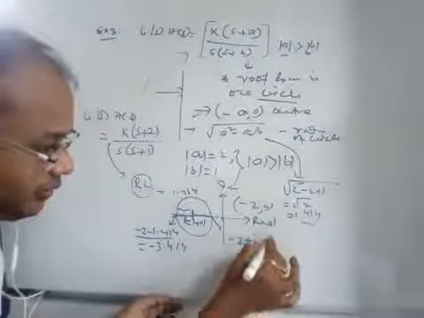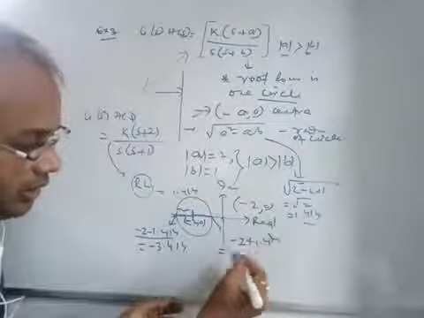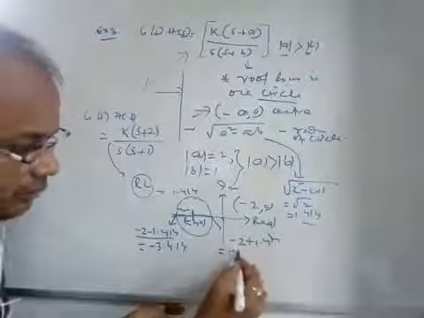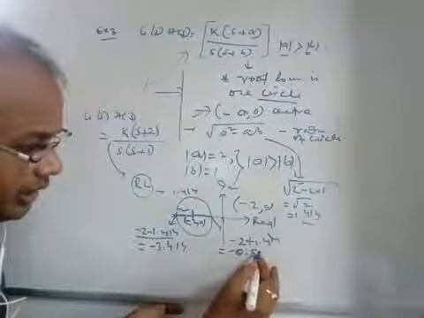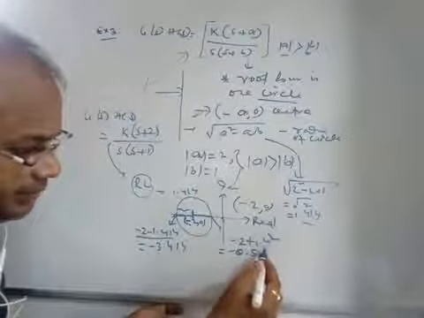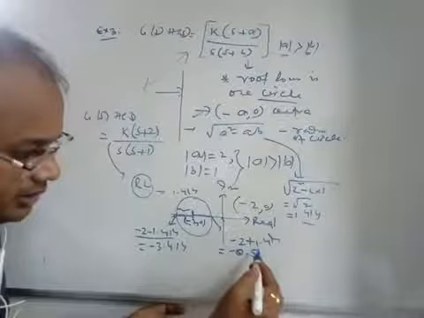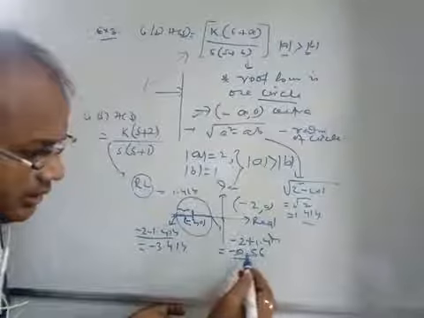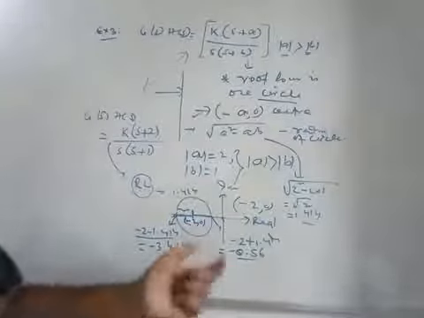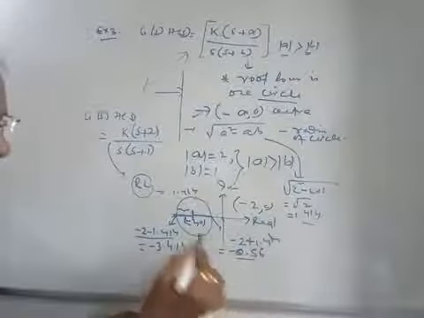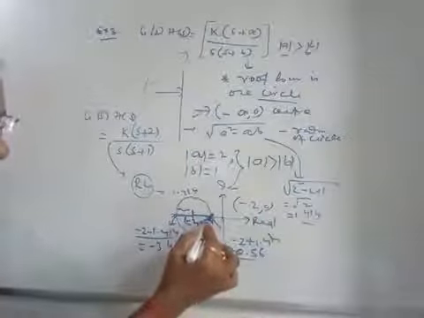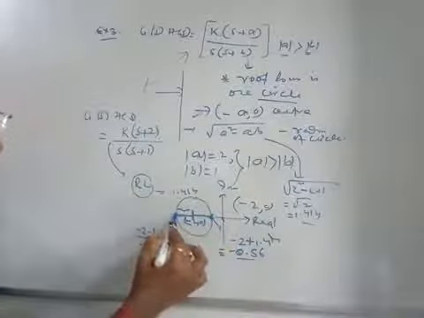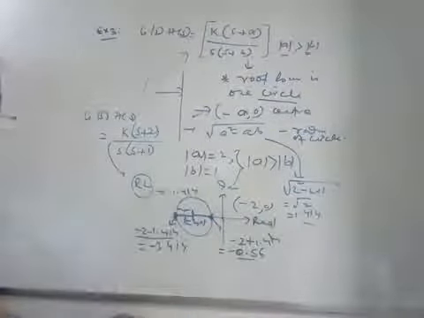That means minus 2 plus 1.414, which gives you nearly minus 0.586, or about 0.57 like this. So these will be the two values. One value is there and one value is there. So this will be the structure of the root locus.